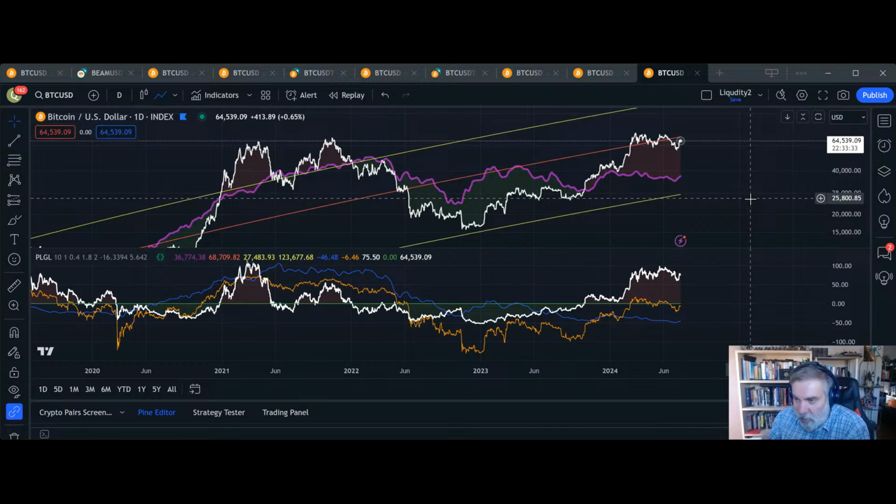Of course, I checked if it was a power law or an exponential. It's not. It's a complicated function of time. It looks like it's flattening out, so that means big changes in liquidity are not going to produce big changes in Bitcoin anymore. It was more sensitive to liquidity in the beginning.